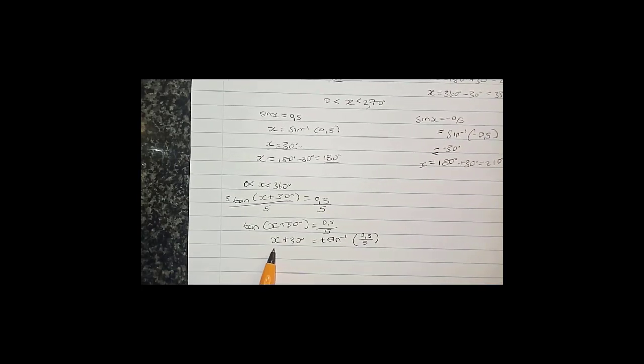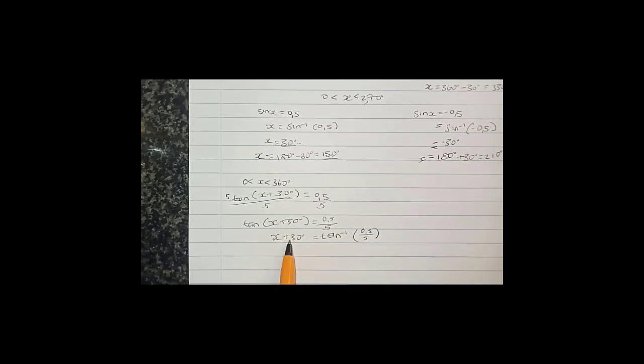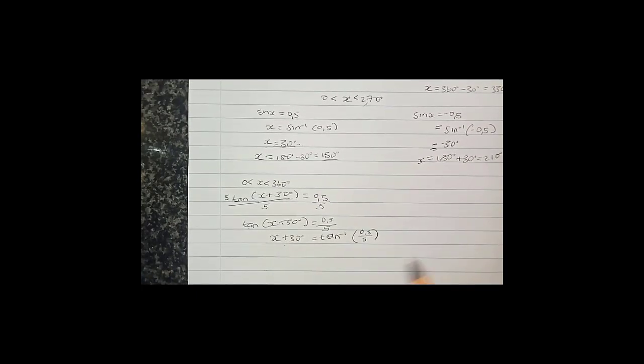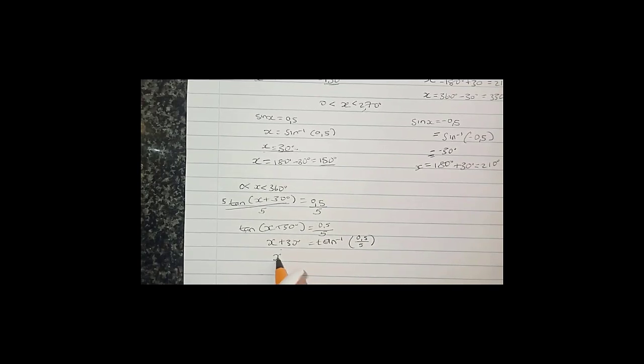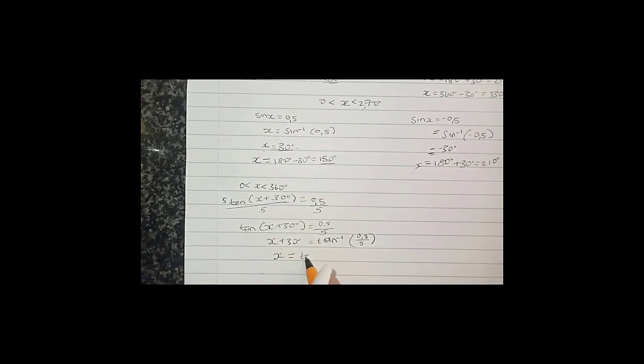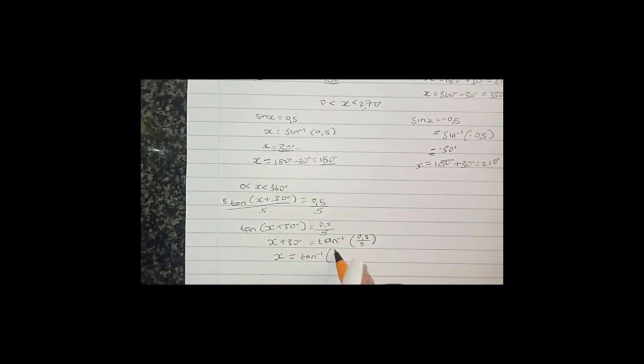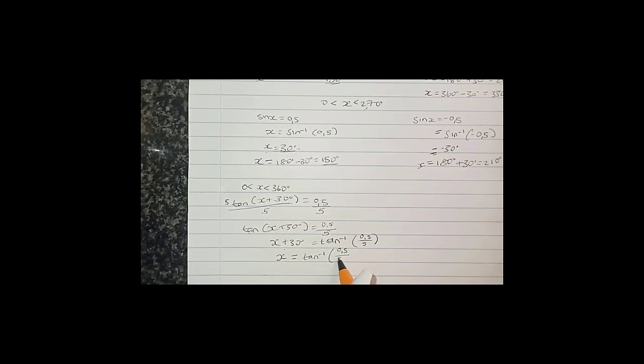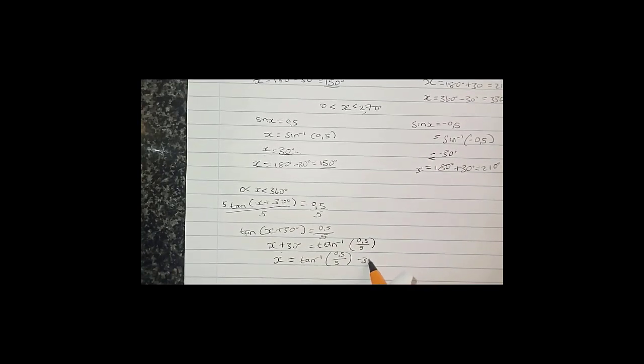And then here it's now simple. We're just going to say minus 30 minus 30. So our x will be equal to shift tan of 0.5 over 5 minus 30 degrees.